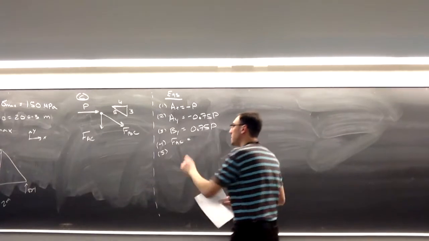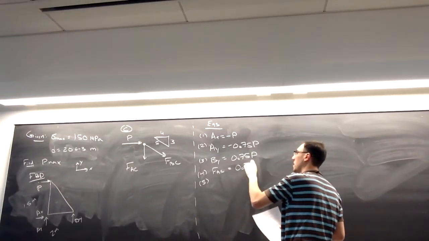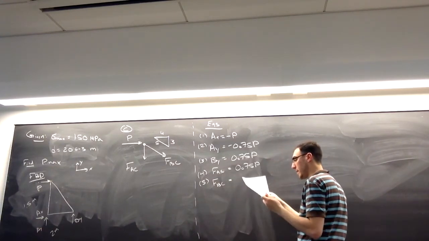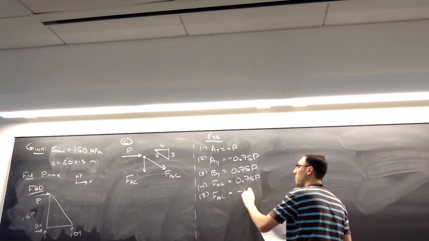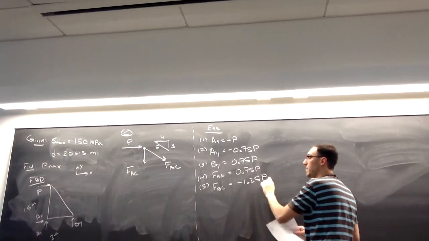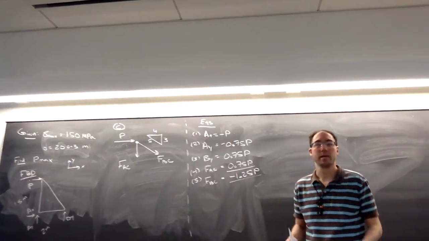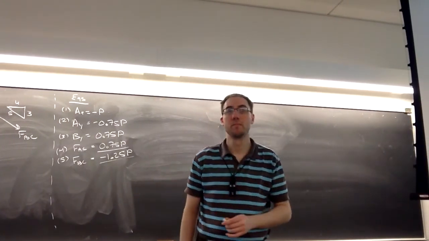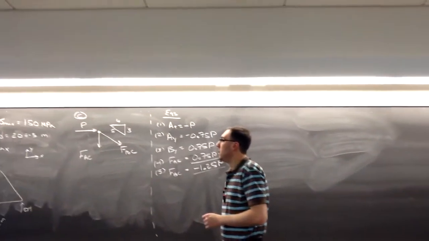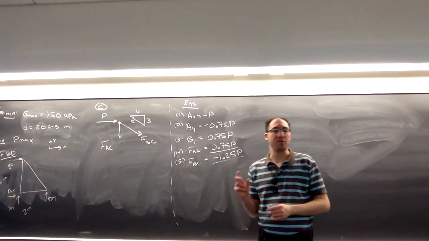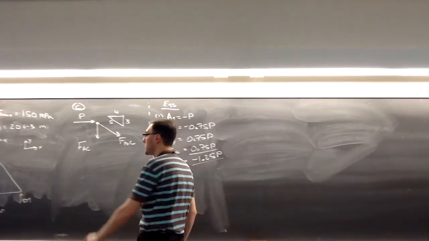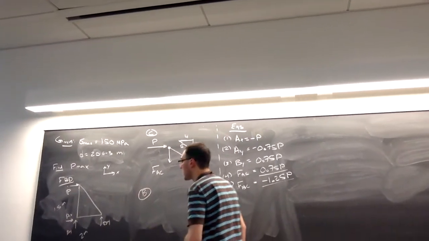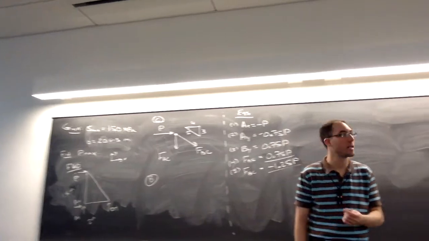FAC is going to be 0.75 times P. And the force in BC, I'm going to find is negative 1.25 times P. Again, this is just coming from summing forces in X, sum of forces in Y. I'm concerned that all 3 of my members do not exceed this stress limit. So I need one more picture. I can draw B to find the internal force in the last member.